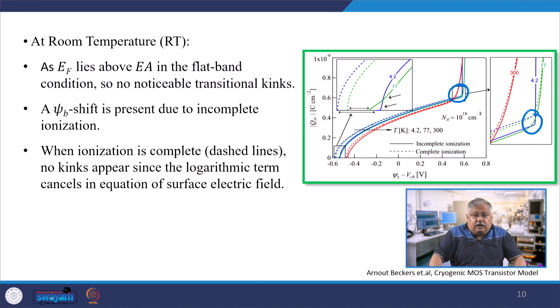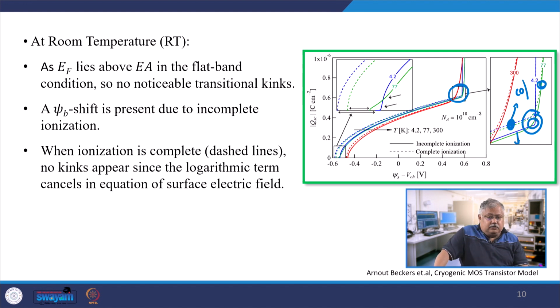Now, because of incomplete ionization, which is not visible at 300 Kelvin but visible at 4.2 and 77 Kelvin, there is a small kink in the voltage at the transition, right. Now, this one is the complete ionization here, and this is incomplete. In incomplete you see a kink, in complete you do not see a kink, right. It is almost a smooth transition which takes place, and this is because of the incomplete ionization.